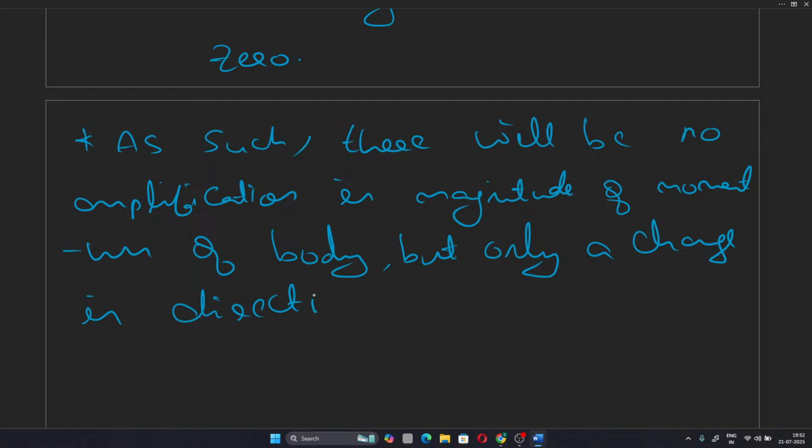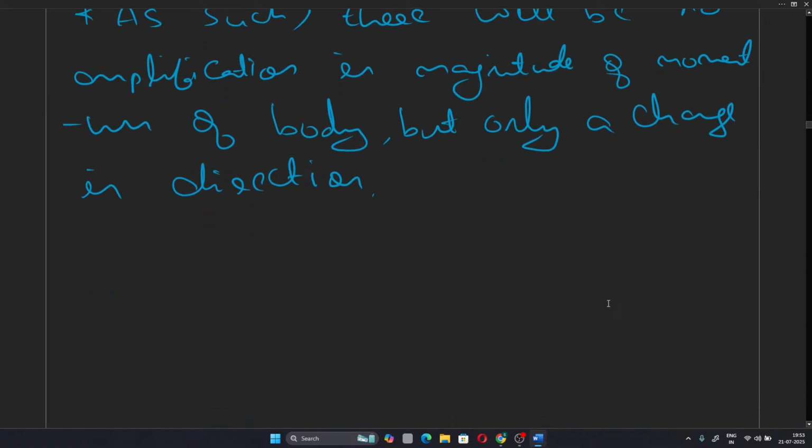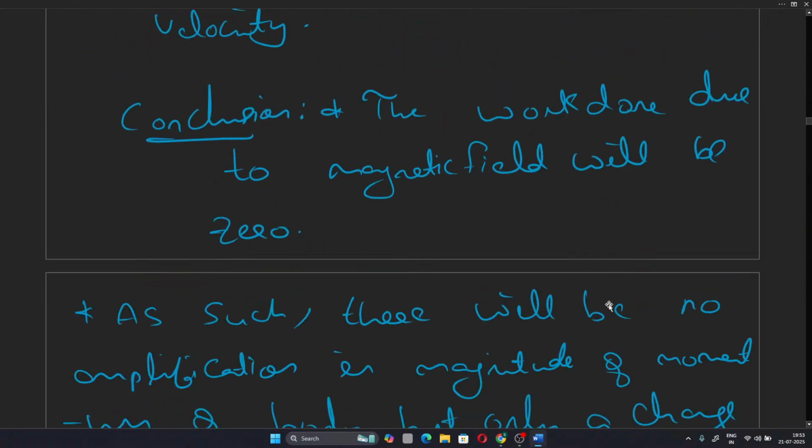There will be no acceleration of the body, no increase in momentum of the body for a particle moving in a magnetic field. There will only be a change in direction. It will not slow down the particle, it will not speed up the particle, but it will only shift the path of the particle or the charge. That is what they're saying in the paragraph in NCERT.